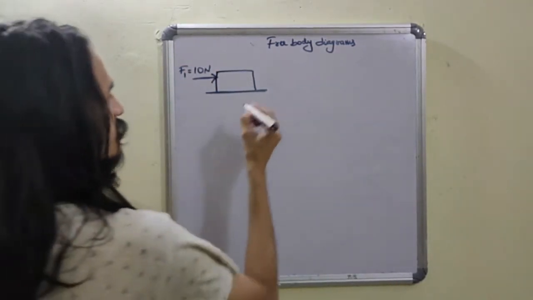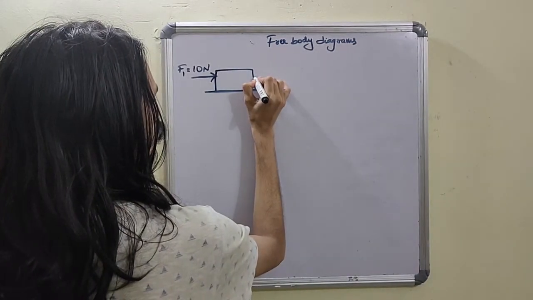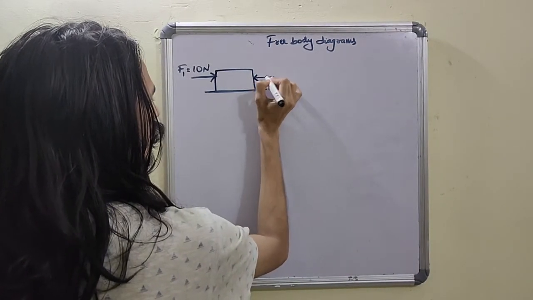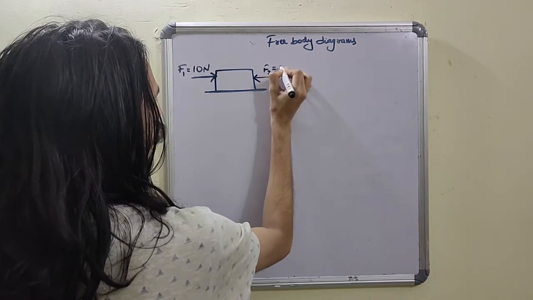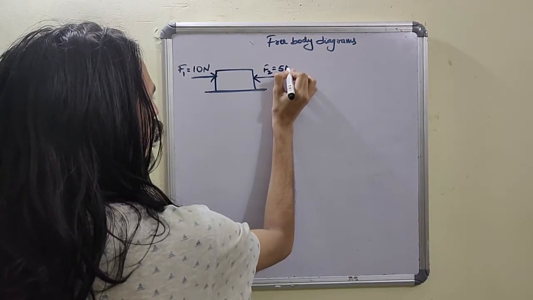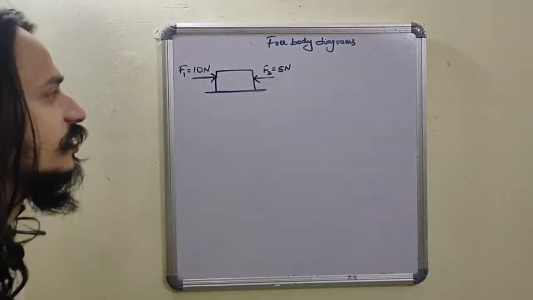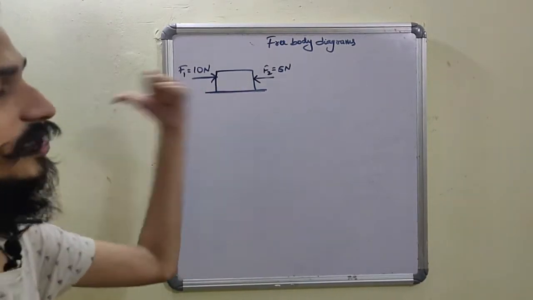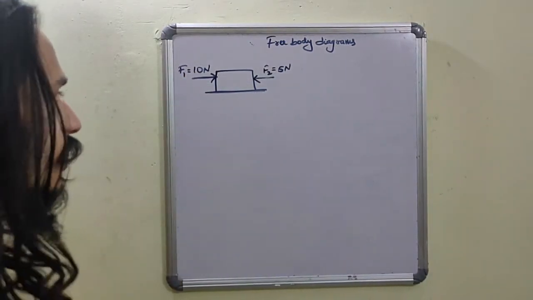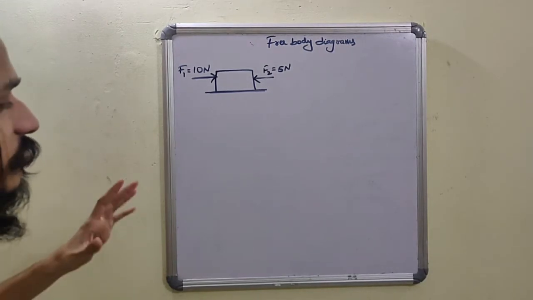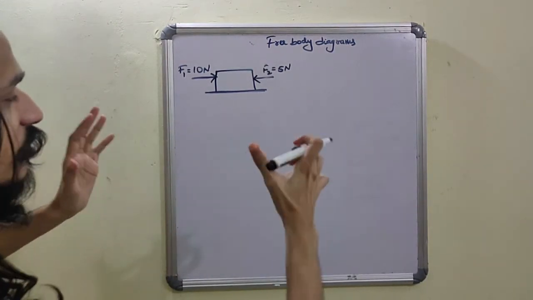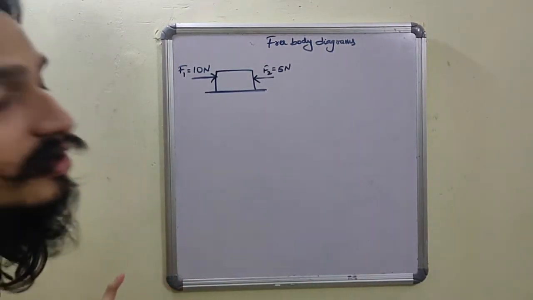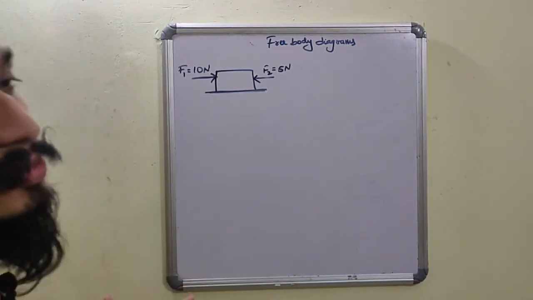Right? I'll say another force F2 of, let's say, 5 newtons is acting on the object in the opposite direction, towards the left. So just imagine a body or an object being pushed on two sides by two different forces, one bigger, one smaller.